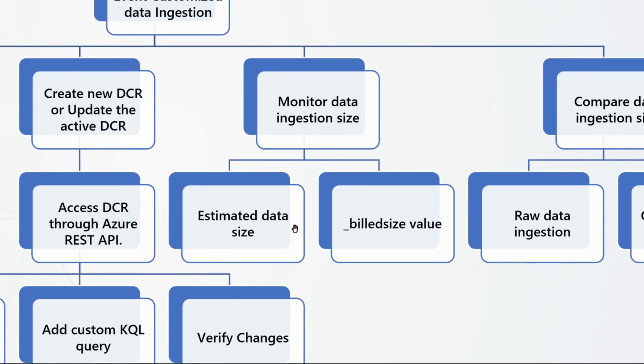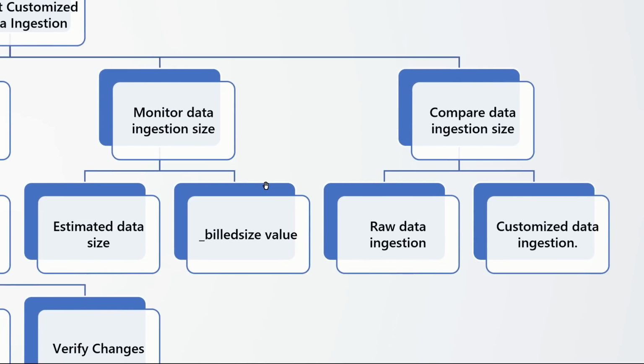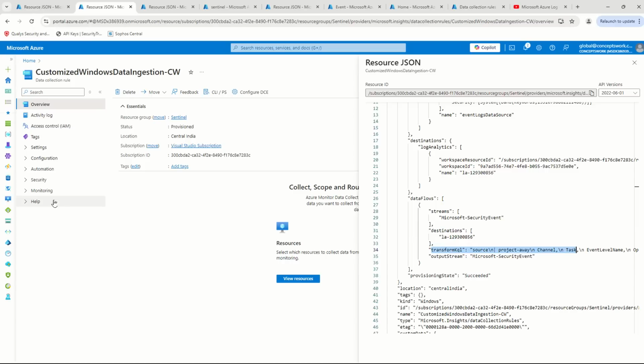So once I scope the new DCR to the machine, we will estimate the data ingestion size, and we will also see the build size value for the same event, and we'll see the difference, how exactly the build size has been reduced, and then we'll talk about how exactly the entire data ingestion size when it comes to raw data ingestion is comparatively high as compared to that of customized data ingestion. Okay, so let me come back and perform the last step of associating this particular DCR with the machine.